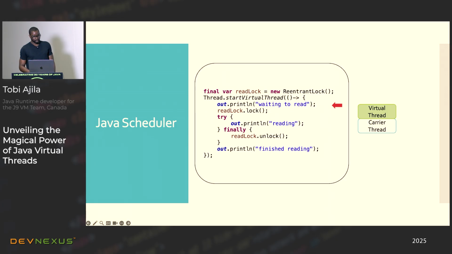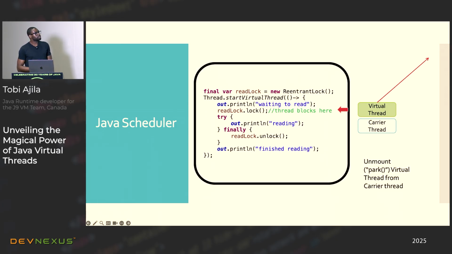And as soon as it reaches a blocking point, a point where the virtual thread has to wait for something to occur, then the virtual thread is unmounted. Internally it's calling park, and this is what removes the virtual thread from the carrier thread. Then the carrier thread is going to go away and look for another virtual thread to run.